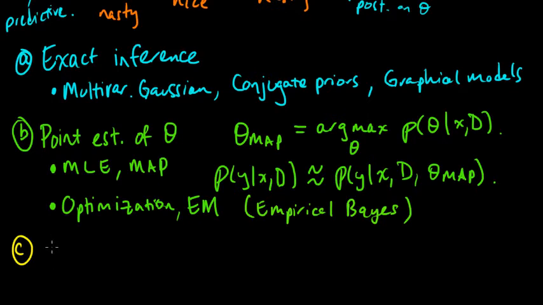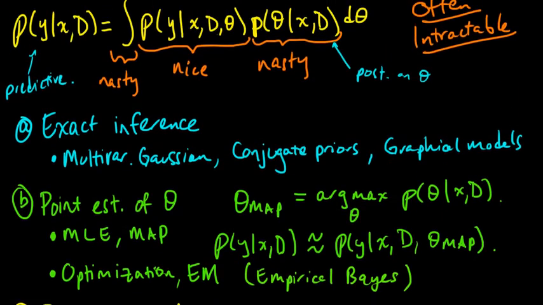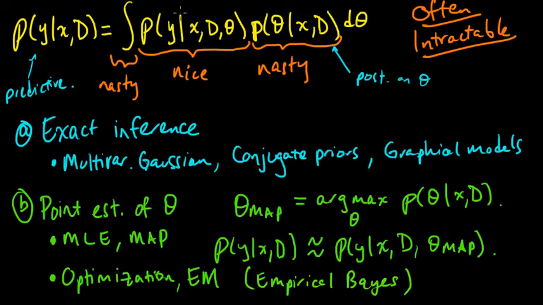The third option, and these are not necessarily disjoint, many methods will combine many of these different techniques. The third class of techniques is deterministic approximations. By deterministic approximation I mean you're using some method to deterministically approximate this integral.